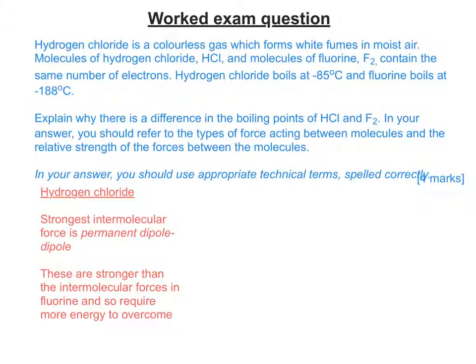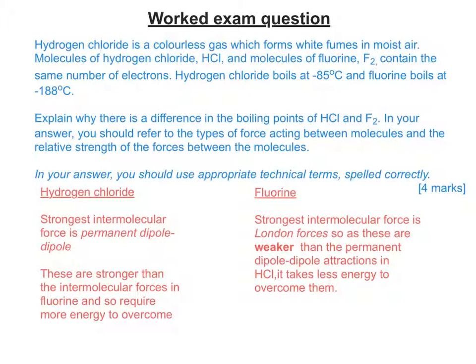So fluorine, although individual fluorine atoms are very, very electronegative, in fluorine they're the same as each other, so the two atoms are identical, so their electronegativity is going to be identical. So therefore, it's going to be London forces that are occurring only in fluorine. So in terms of our marks, we've made a comment about the type of intermolecular force in each case, and we made a comment about the relative strength of the forces in each case, so that gets us our 4 marks.